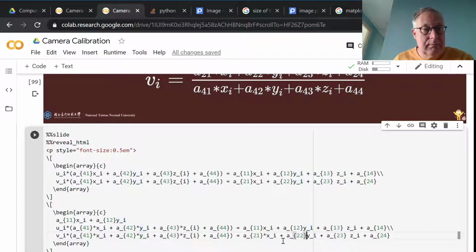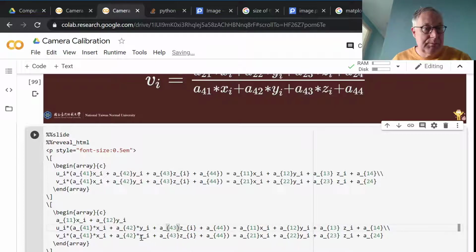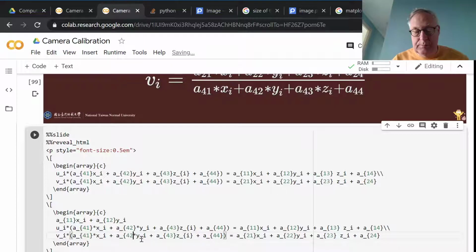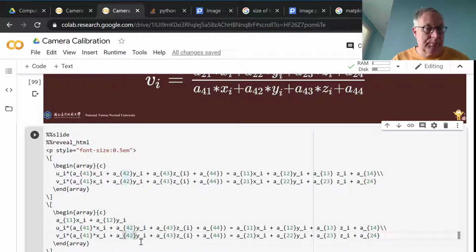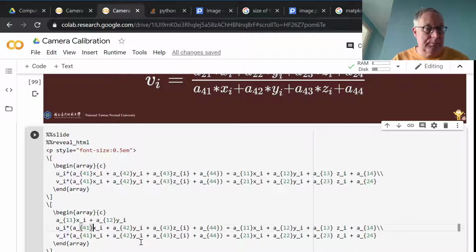So I'll just rearrange the A11, A12, so on and so forth.